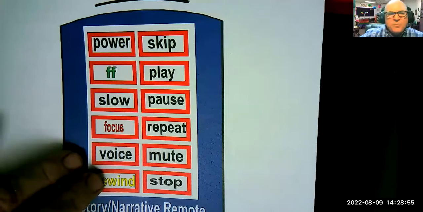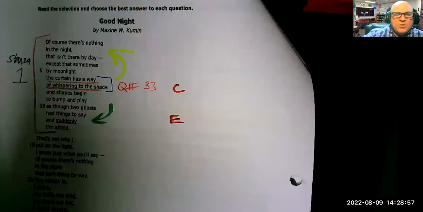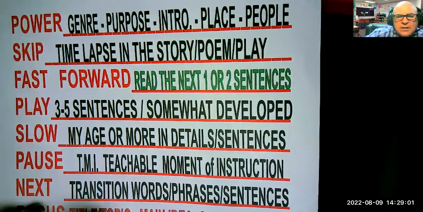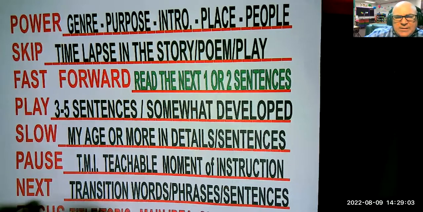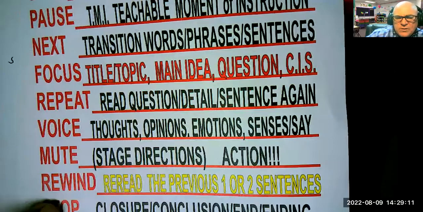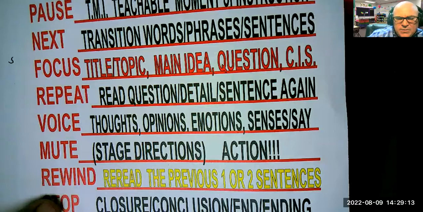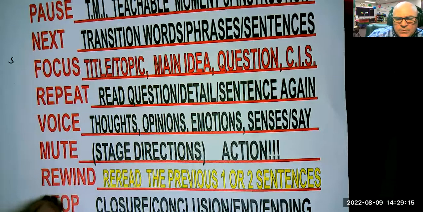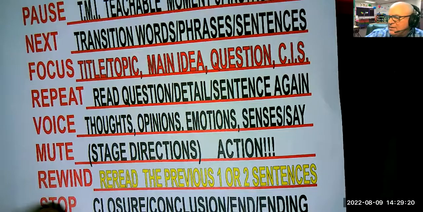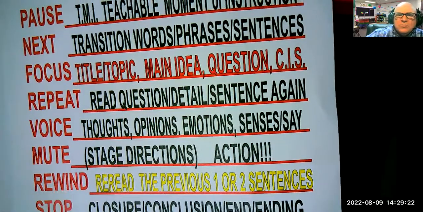So when you flip it over, you can see fast forwarding means read the next one or two sentences, or in this case, the next one or two lines, more if you need to. And the rewinding is reread the previous one or two sentences or the previous one or two lines. Sometimes it might be a little bigger than that, but in most cases, you just need to read a little bit.